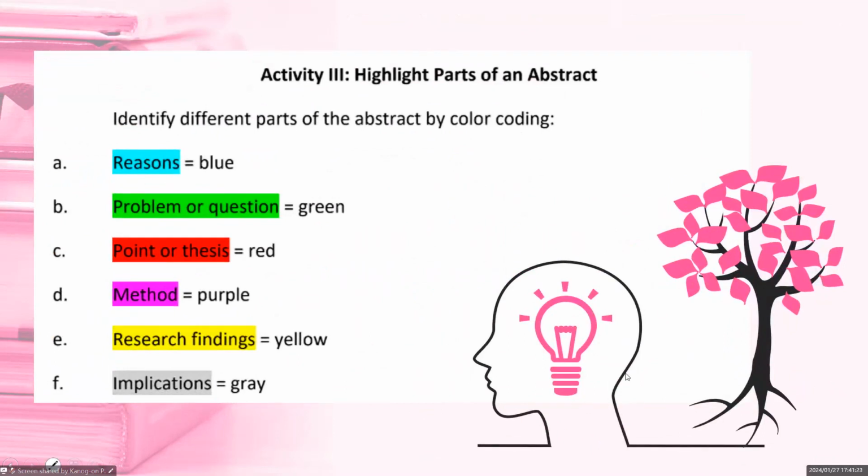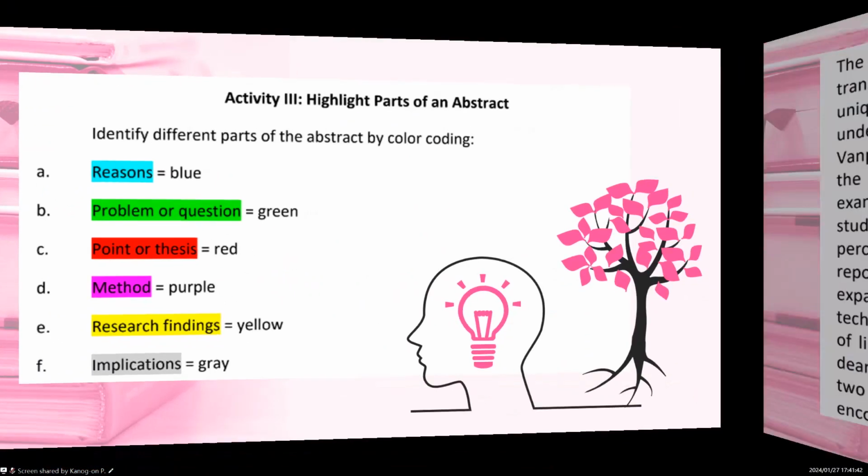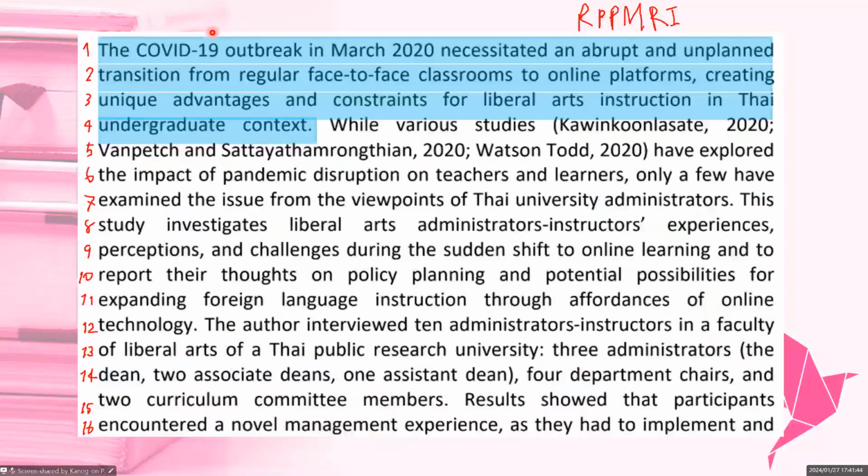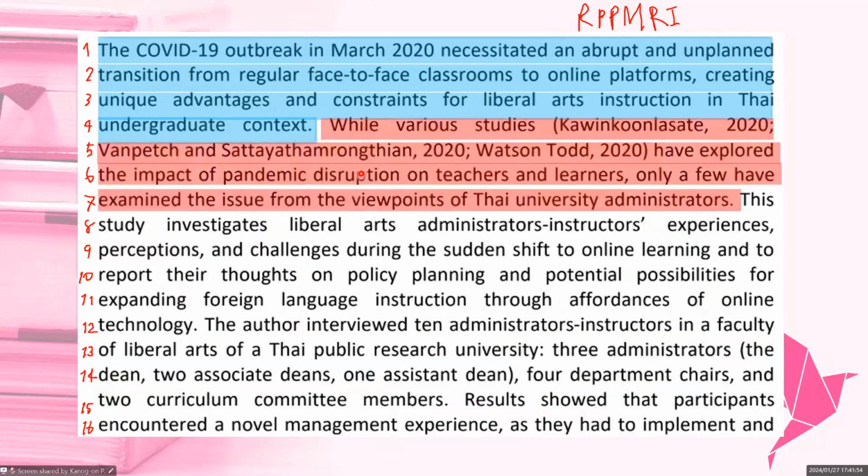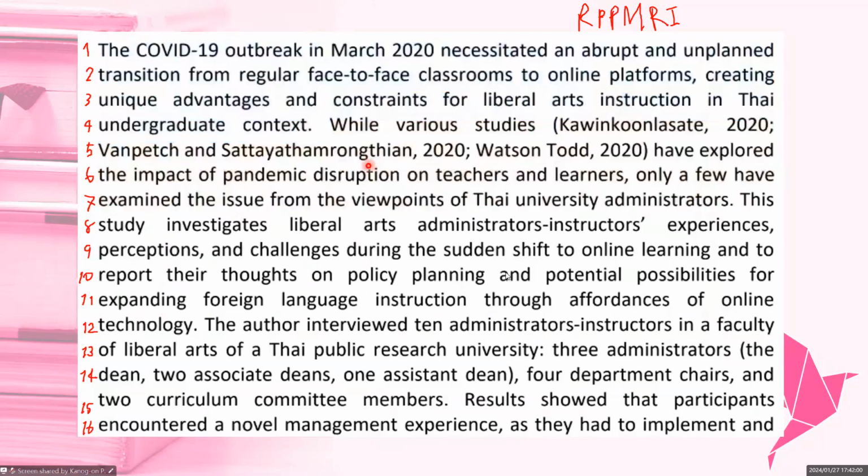So here is the reason, the COVID-19. So this part will not be a P, it will not be the first P. The first P is problem and questions. And this is point or thesis.